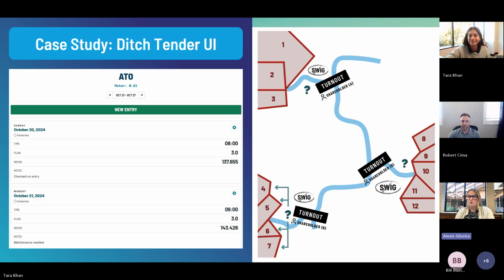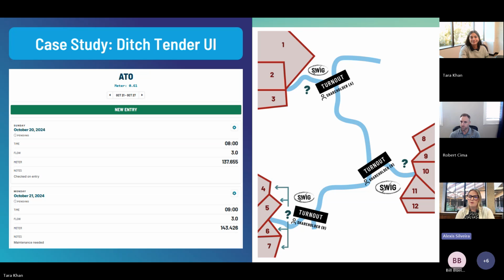You see the SWIG note on the diagram to the right, and that to us is surface water in the ground. So our sustainable yield is calculated by native sustainable yield and then surface water in the ground, which is why that ditch tender user interface is so important.